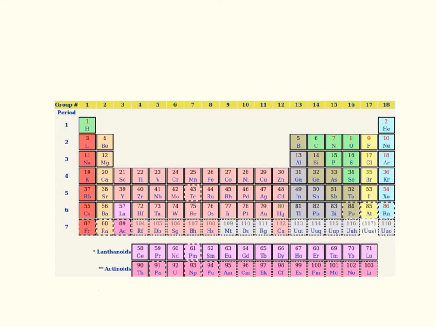What happens with electronegativity and its scale, 0 to 4, is we see this trend. The trend shows us that electronegativity actually increases as I go from left to right.